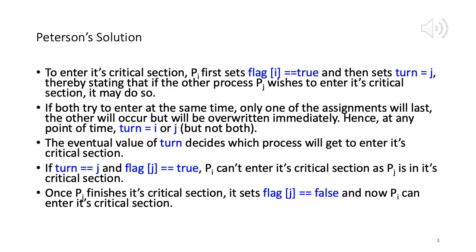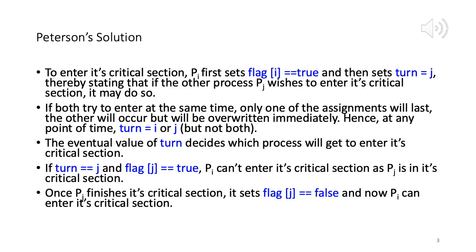A value of false implies the process does not wish to enter the critical section, and a value of true implies the process wishes to enter its critical section. So it declares its intention using the flag variable. Another variable is turn. Turn will actually determine which process gets to enter the critical section.